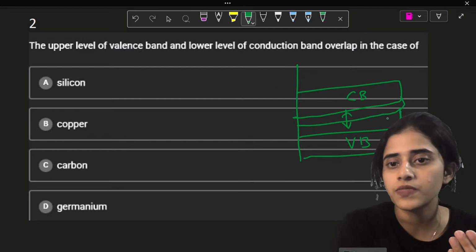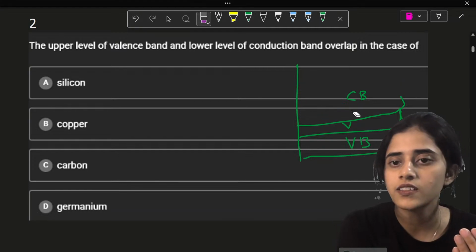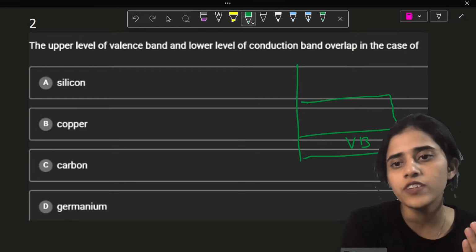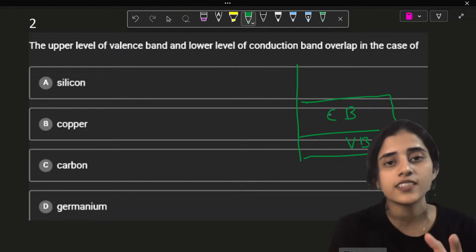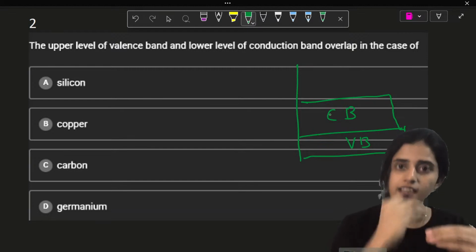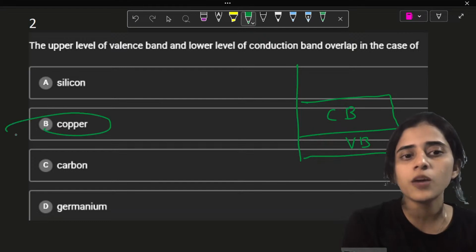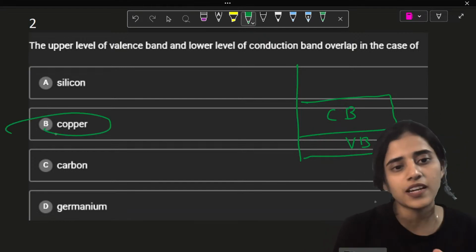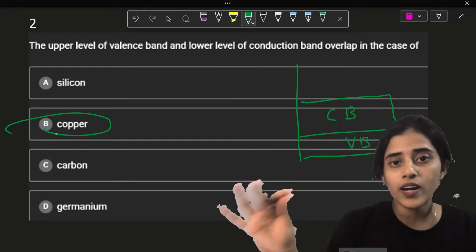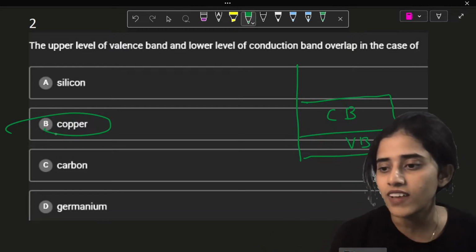So the conduction band and the valence band will overlap where? Obviously, it overlaps only for conductors. That's why they're able to conduct. When does something conduct? When electrons from the valence band are able to easily move to the conduction band. So the only conductor here is copper. Silicon is a semiconductor. Carbon is not a conductor. Germanium is not a conductor. Copper you use in copper wire, so it's definitely a conductor. So a conductor will have the conduction band and valence band overlapping.